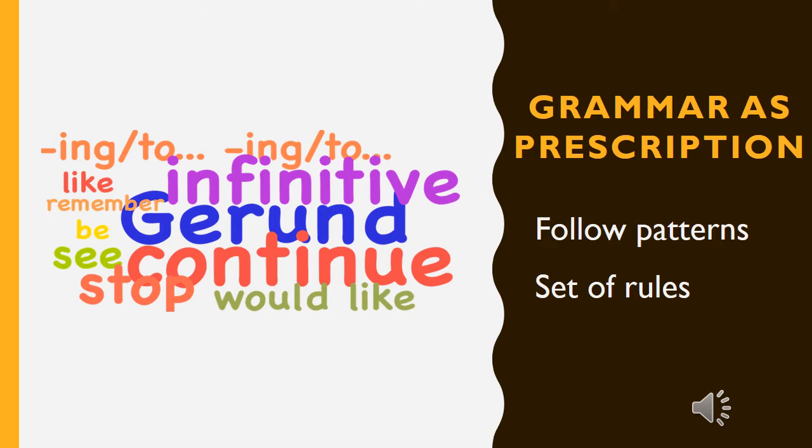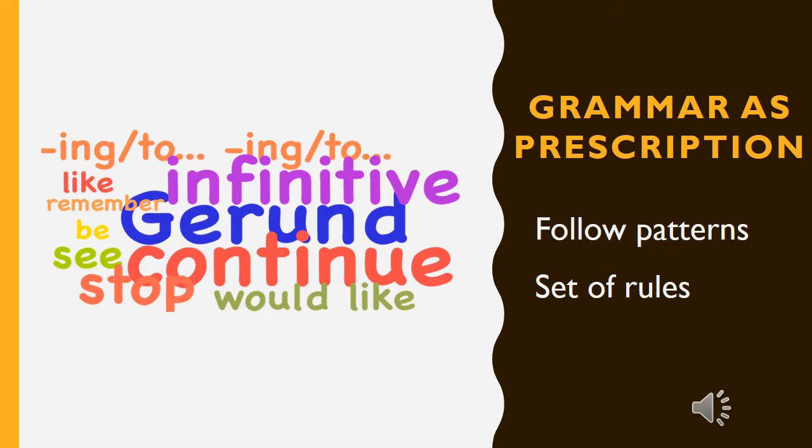Grammar as prescription, as this word says, is to prescribe how speakers should use language correctly. So it is a set of rules for the proper use of language. It refers also to the structure of language, everything on how to use the words correctly, word order, to have a meaningful message, so that others will understand what you are trying to say.